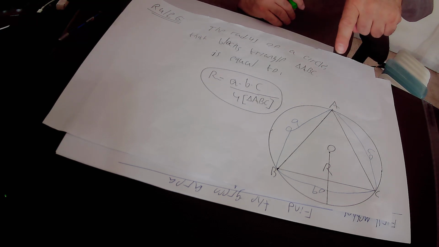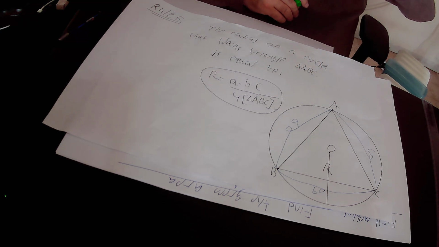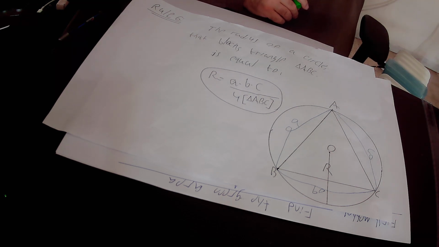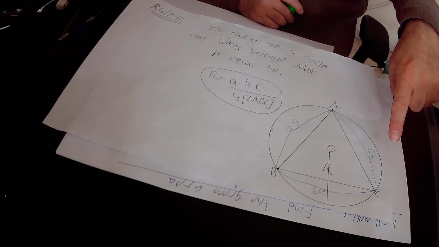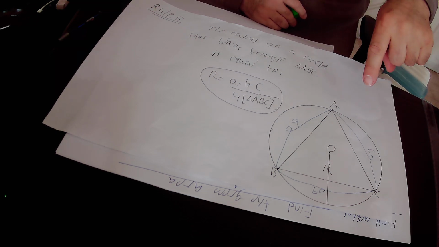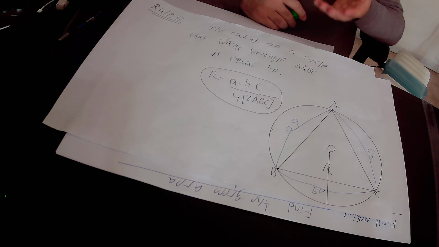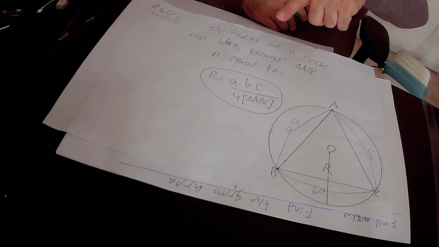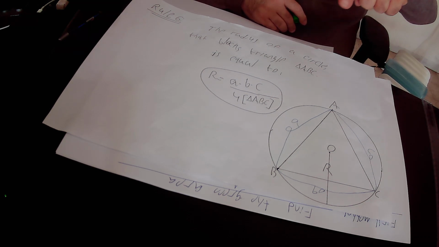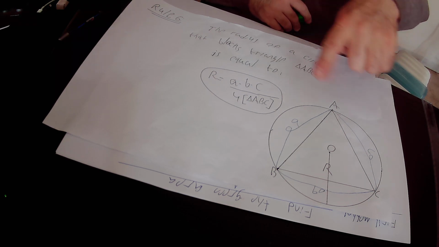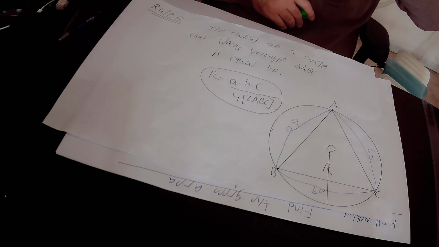We know that the length of side AB of triangle ABC is equal to A units, side BC equals B units in its length, and finally side AC equals C units in its length. According to our definition, the radius of this circle is R. So according to rule number 6, the radius of this circle that blocks triangle ABC will be equal to A times B times C, that is the multiplication of the side lengths of the triangle by each other, over 4 times the area of this triangle, triangle ABC.